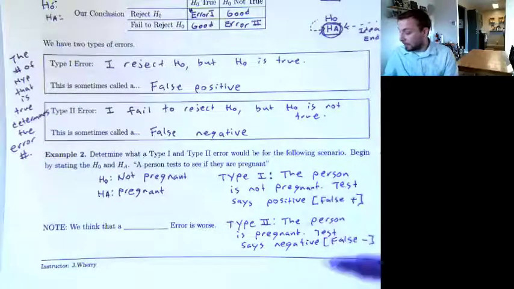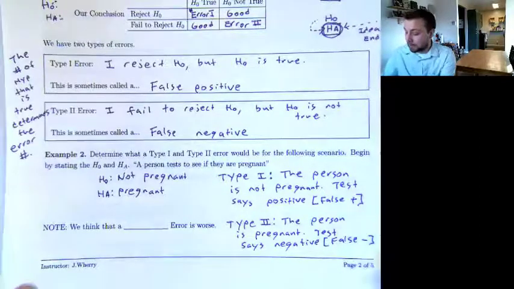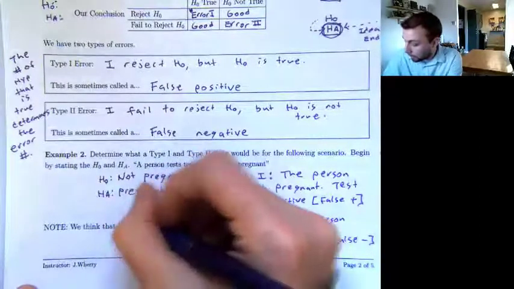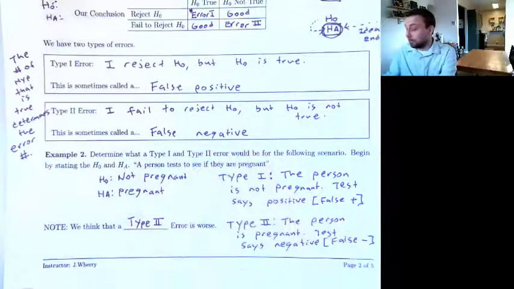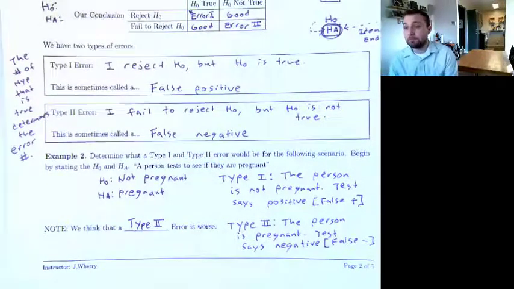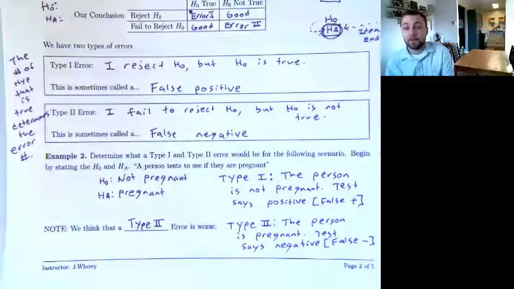Of these two things, I might be inclined to say that a type 2 error is worse, but this is really, really important. You can disagree with me. Where you are in life, you might actually think, well, I'm trying to get a family ready. A type 1 error would be heartbreaking for me in a way that a type 2 error would not be.